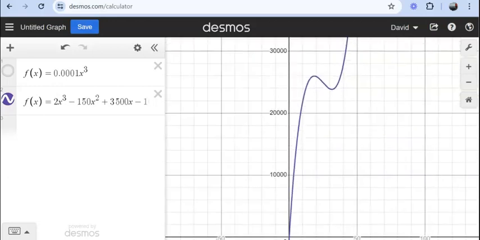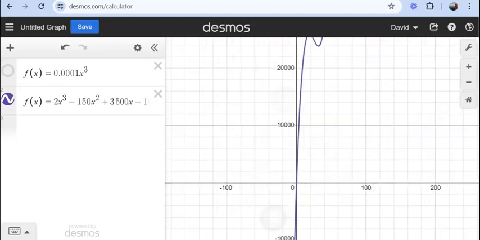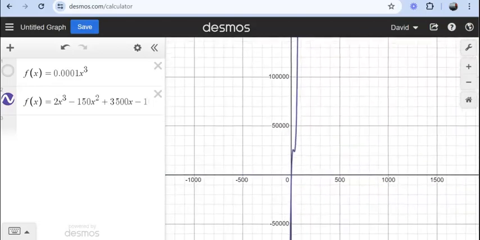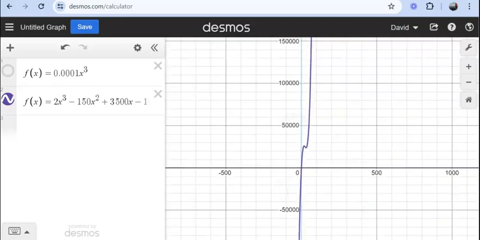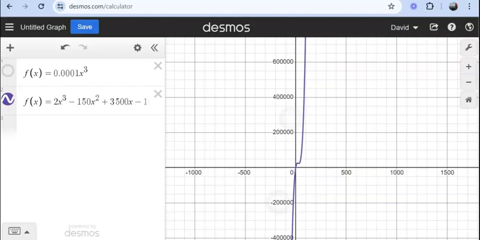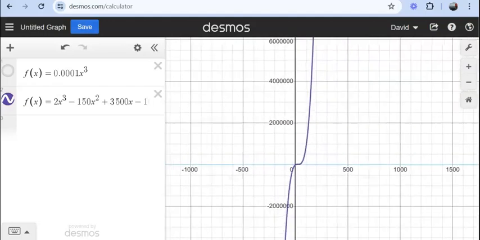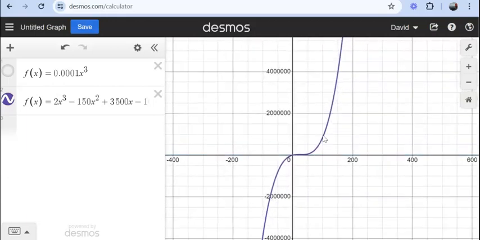And what it's telling me is that as long as I put in really big values for x, I'm getting that familiar cubic shape.